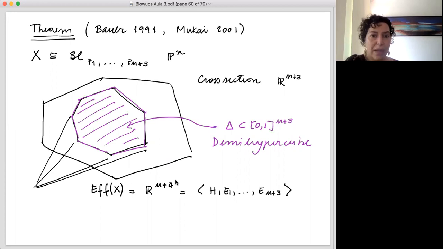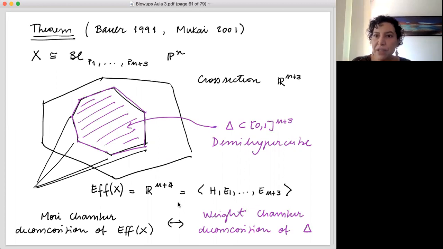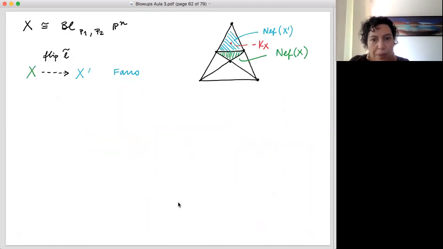And moreover, the Mori chamber decomposition of the effective cone coincides with the weight chamber decomposition of the weight polytope given by Bauer. So this is what I have just described. For instance, let me recall that when we had P^n blown up at 2 points, in order to go from our blow-up to the funnel model, we had to flip the strict transform of the line through the 2 points. So this was the first example.